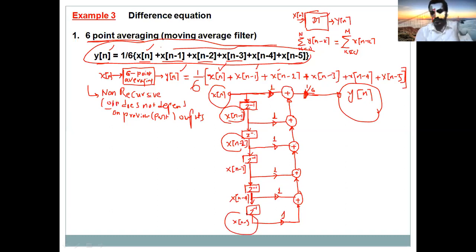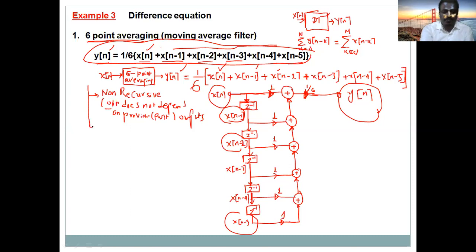These last 5 recent inputs plus the current input added together, take the average, and it will give us the output. So the output in this system does not depend on previous outputs. Previous or past outputs do not affect the present output. Systems of this type are called non-recursive systems.